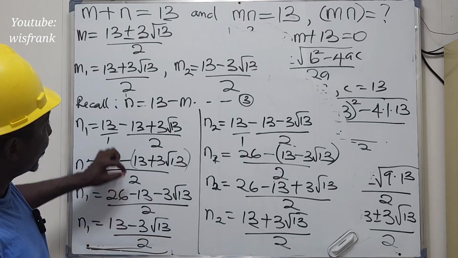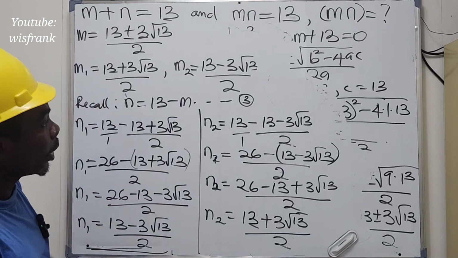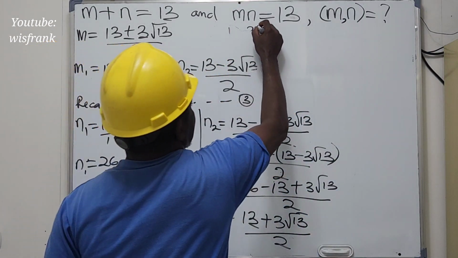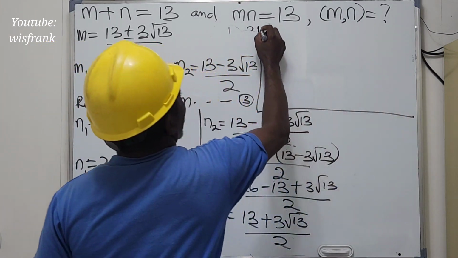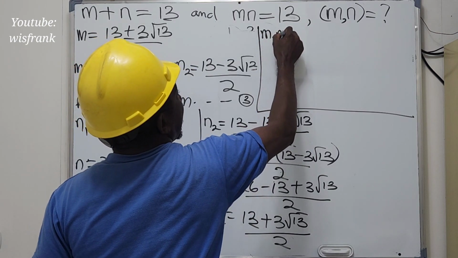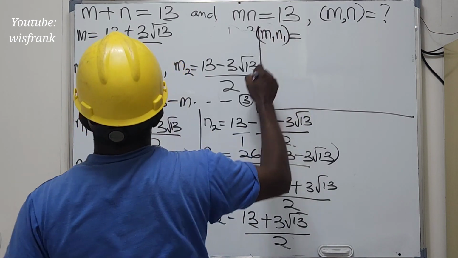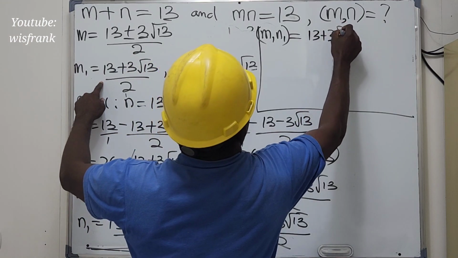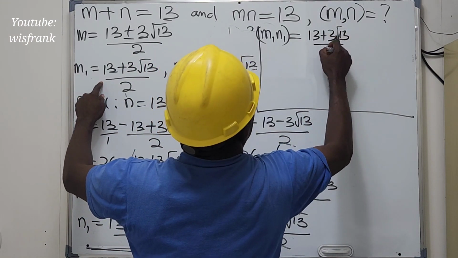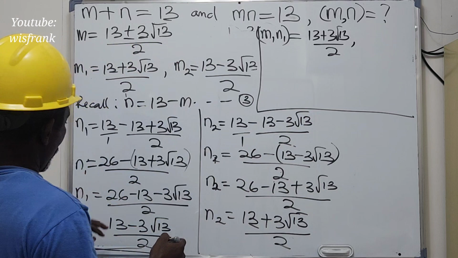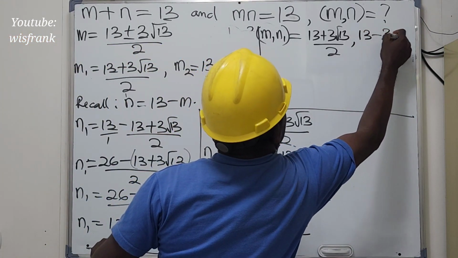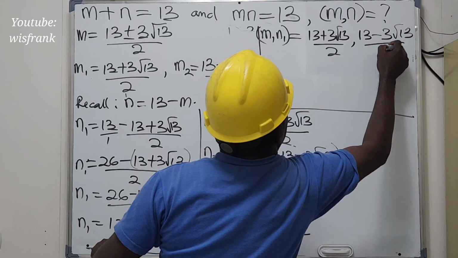So from here, you can see that we have this. We can rewrite this and let's clean this. So we are going to separate this. For the values of m1, n1, our m1 is (13 plus 3 root 13) all over 2. Then our n1 is (13 minus 3 root 13) all over 2.